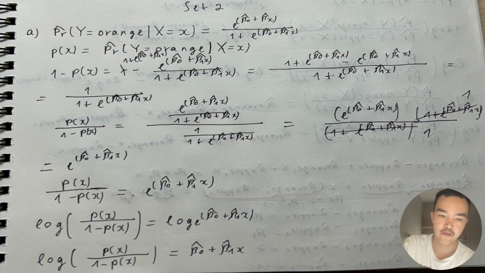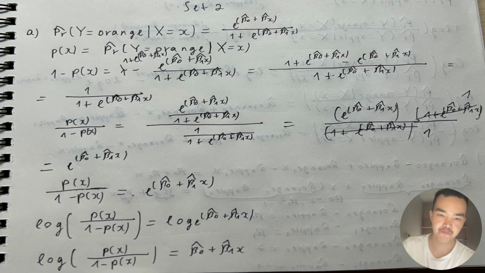In the end we obtain on the left-hand side the logarithm of p(x) divided by 1 minus p(x), and on the right-hand side beta 0 plus beta 1 x, because the exponent was reduced once we took the logarithm. So this is the log odds in our model.